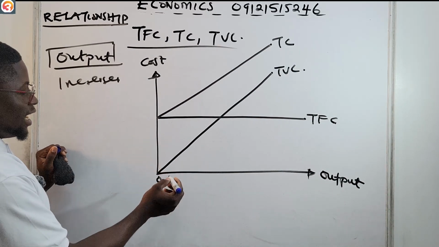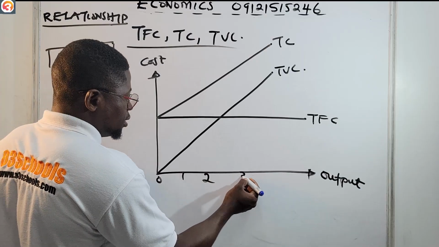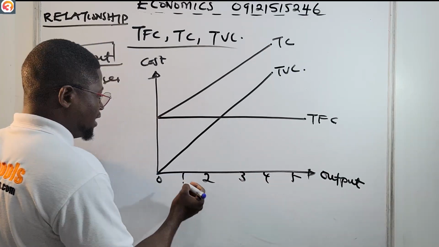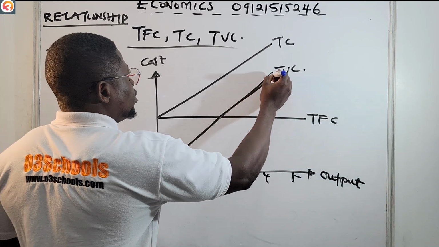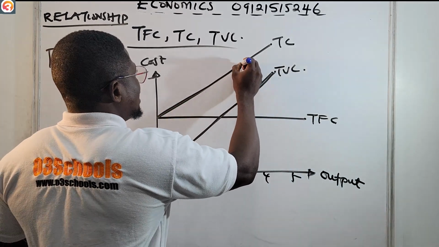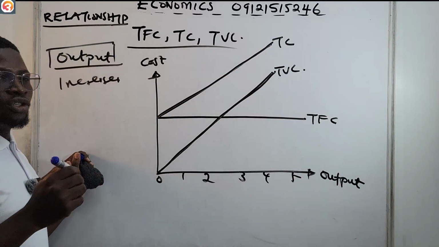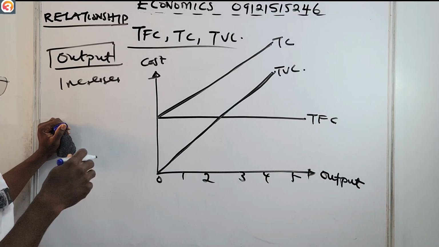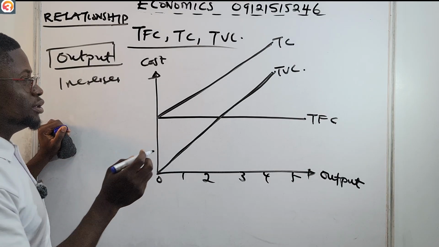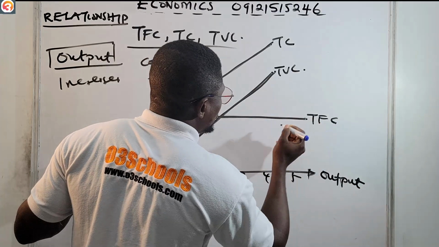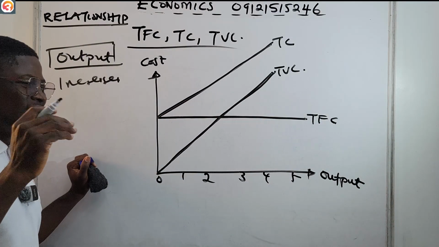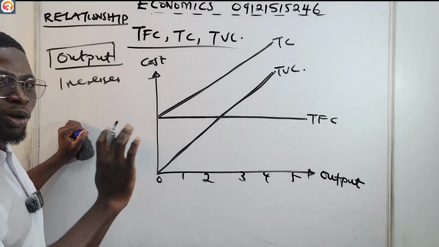So as the output increases, 1, 2, 3, 4, 5, you see that the total variable cost and the total cost together are increasing, and vice versa. However, the total fixed cost remains unchanged. It remains fixed. It is not varied.